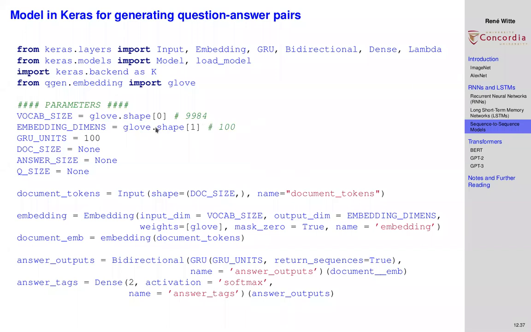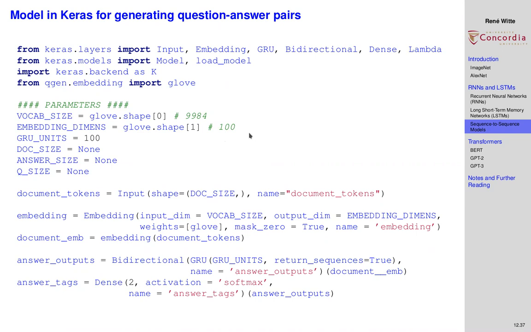For encoding the words in input, we're going to use word embeddings. You'll see the link to the repository in the corresponding book chapter. Basically, it's another set of pre-trained word embeddings like the ones we've used before.